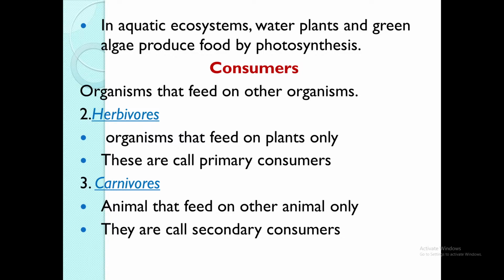Carnivores are the ones that feed on other animals only. That means they don't feed on plants, only meat or anything that is animal. For example, lion, tiger, alligator, crocodile: those organisms feed on animals only.